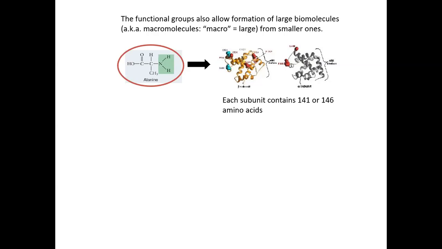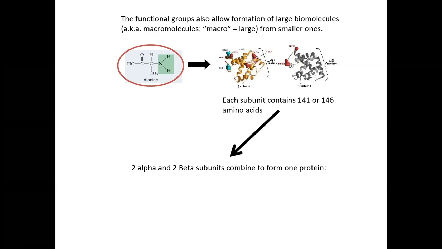And then what we do is your body then takes two betas and two alpha subunits, these protein chains, these amino acid chains, links them together, drum roll, and forms one protein that we call hemoglobin.